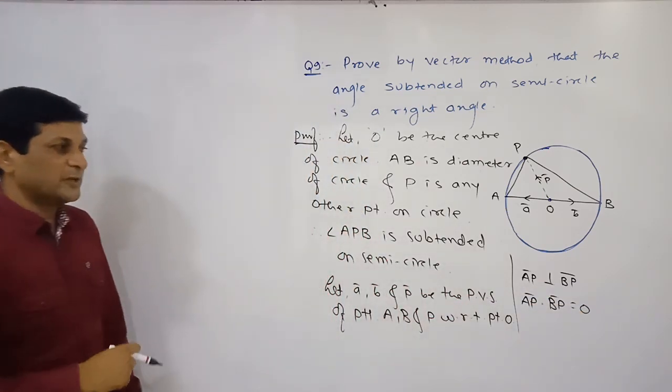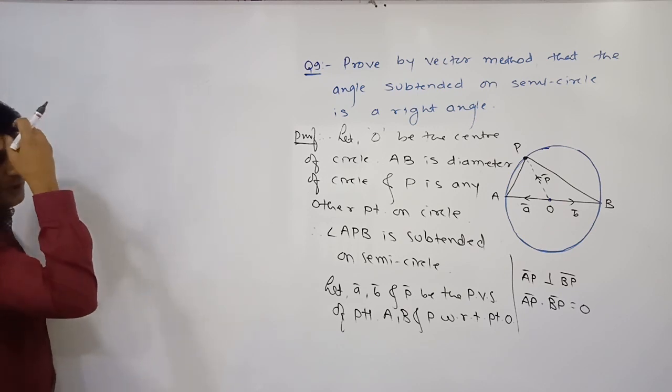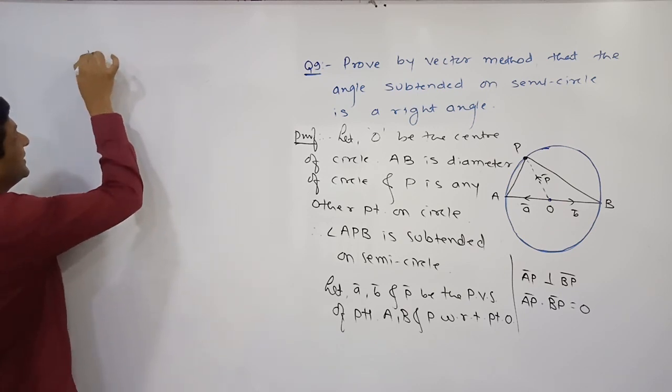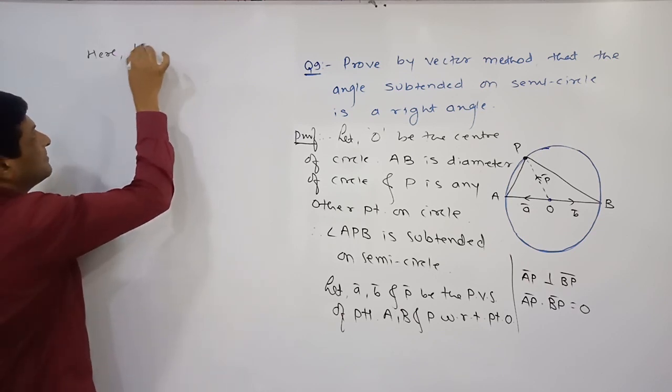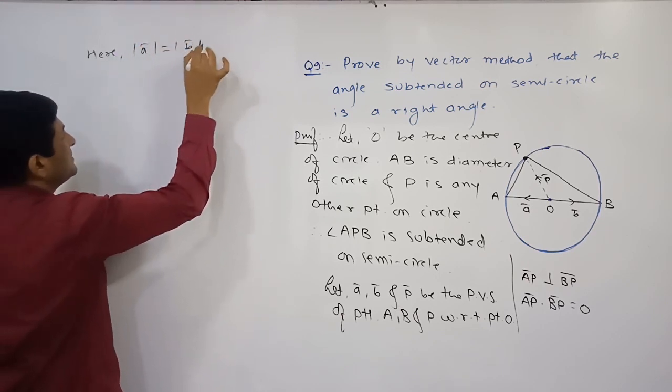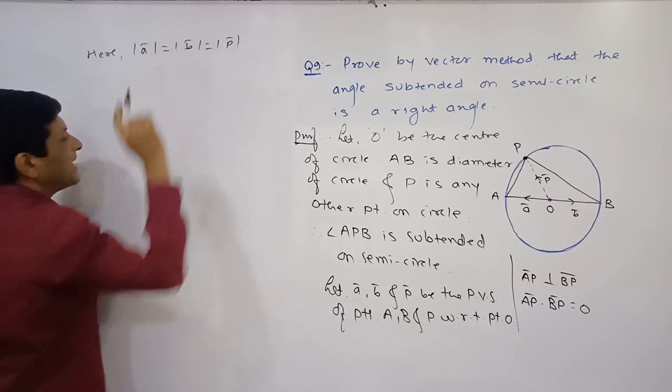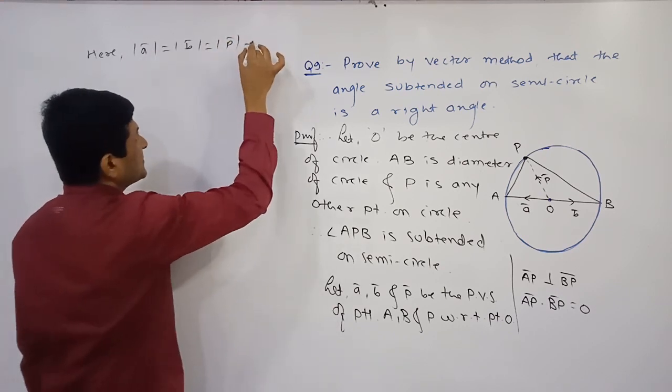Now we are trying to show that the dot product of these two vectors will be equal to 0. Before that, if you observe this figure very carefully, can I say that the magnitude of A bar is equal to the magnitude of B bar is equal to the magnitude of P bar? These are nothing but radii of the same circle.